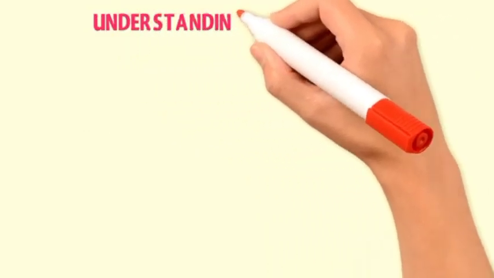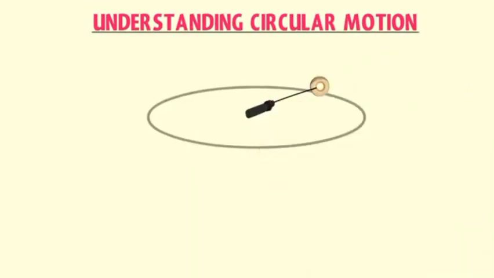Understanding circular motion. Let's consider that mass m is attached to a string. Let this mass m be revolving in a circular path. Here the string exerts force on the mass. As a result, this mass m is rotating in a circular path. If I cut this string, or let suddenly this string be cut, what will happen to the circular motion of this mass m?